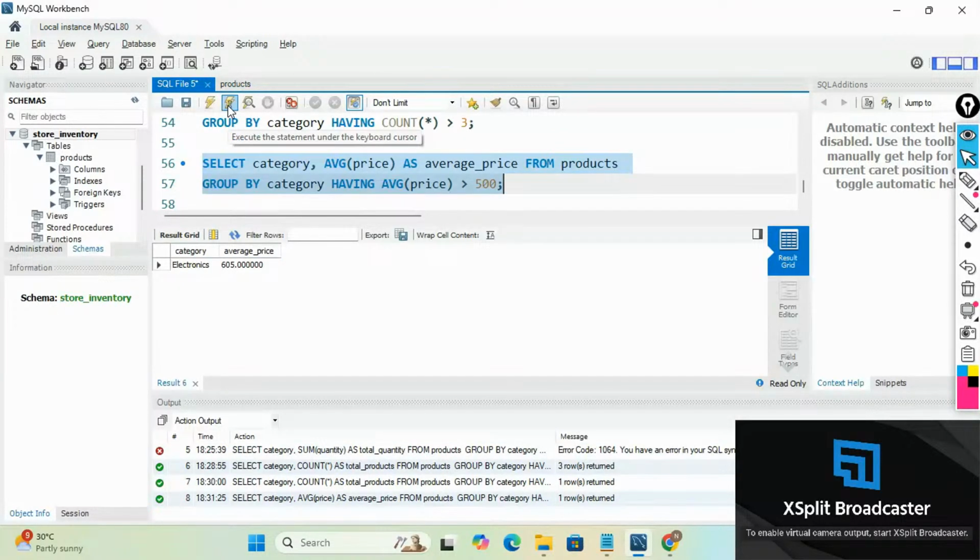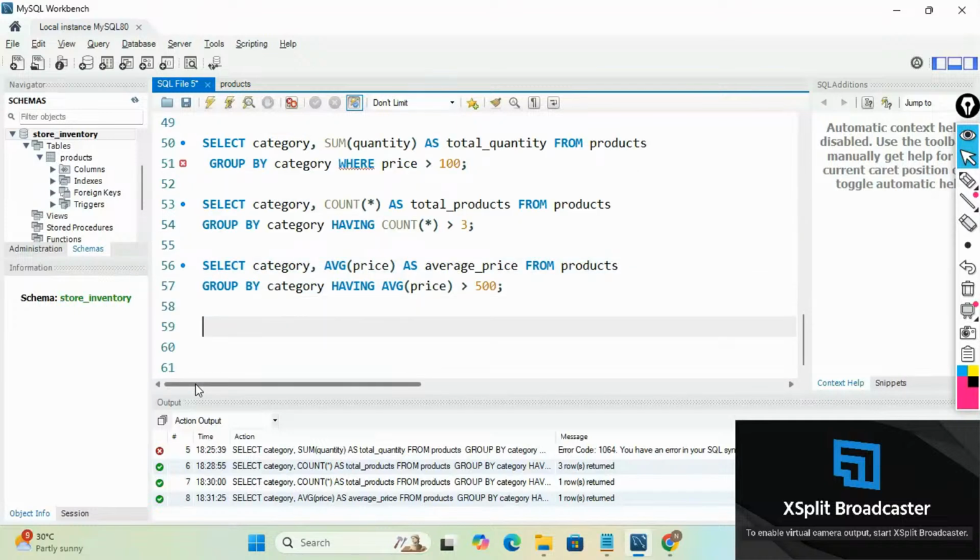Is it only one? Yes. The reason is that in the rest of the two categories, the average of price is not greater than 500. For only electronics, it is 605. The condition is met, so it is written in the output. Understood? So don't assume that we are working on small data only while learning.